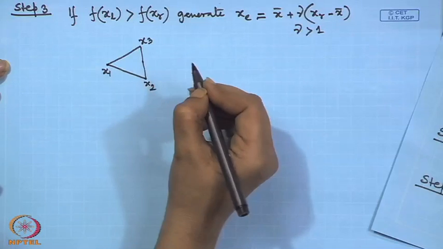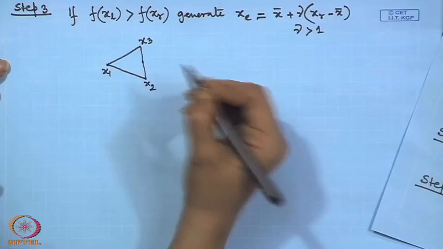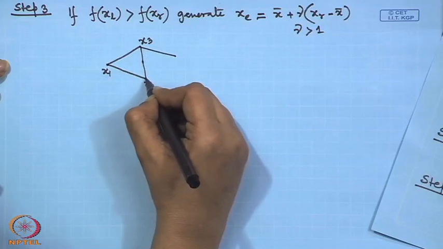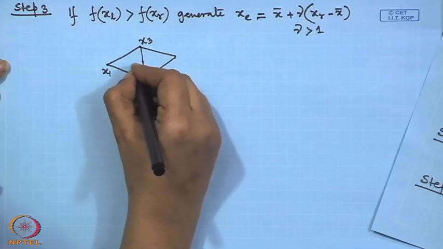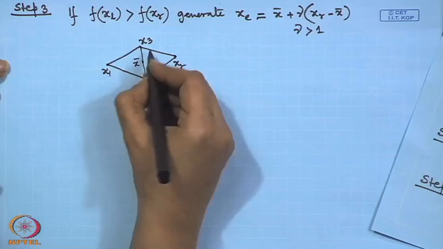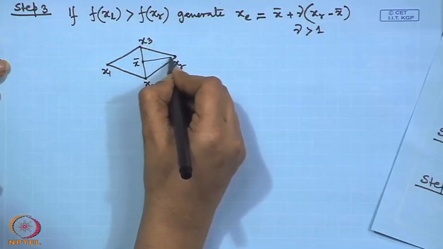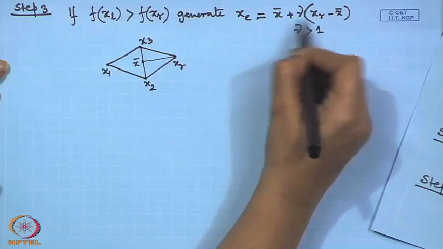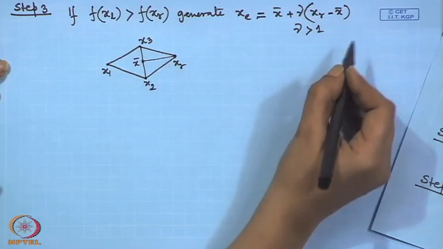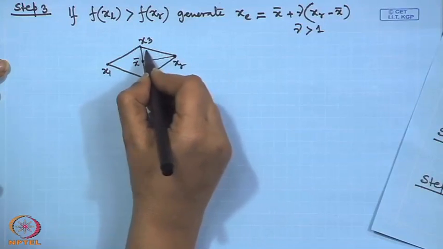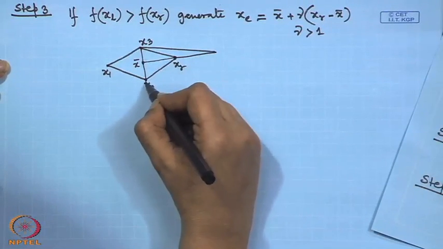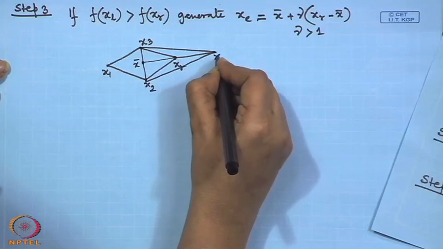We will not care for the best alternative because we want further improvement of the objective functional value. We have x bar here and we are getting xr, and we are moving in this direction only with this expression x bar plus gamma into xr minus x bar, where gamma is greater than 1. That is why we will move to another point in this direction only, to xe.